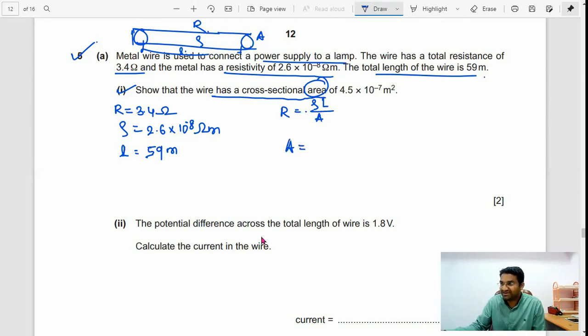So A is equal to rho L over R. So put in all the values, use your calculator and find out.